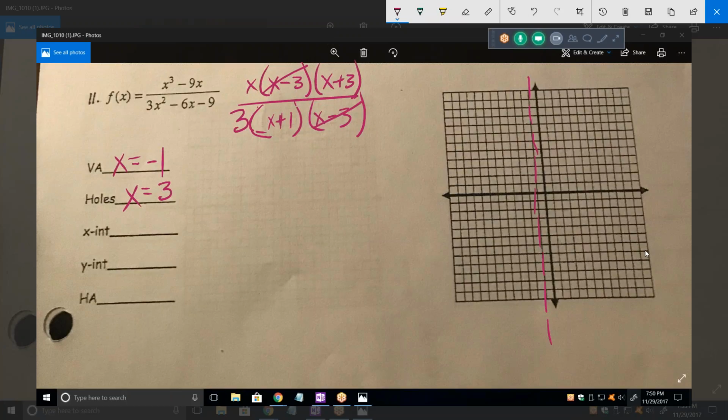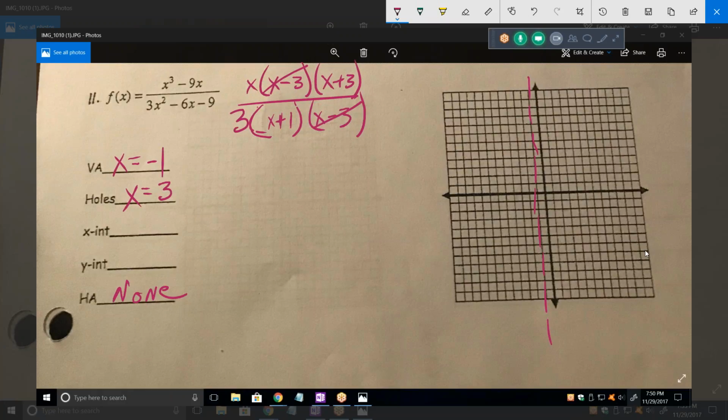Your horizontal asymptote would be, wouldn't it be? Notice the degree of the numerator is greater than the degree of the denominator. So you wouldn't have a horizontal asymptote, but you'd have to do division. We're going to have an oblique asymptote. Well, they don't ask for it, but we still need to graph it.